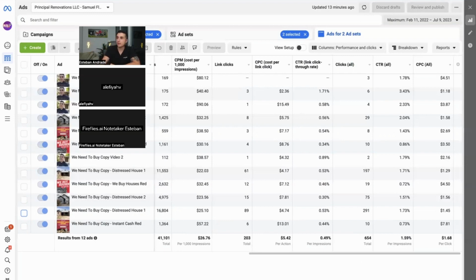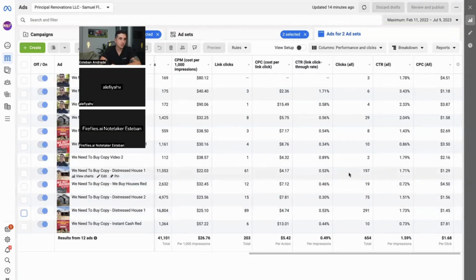Facebook gives you that specific metric for people clicking anywhere at all. And now you're comparing this to the amount of reach, the amount of impressions, right?